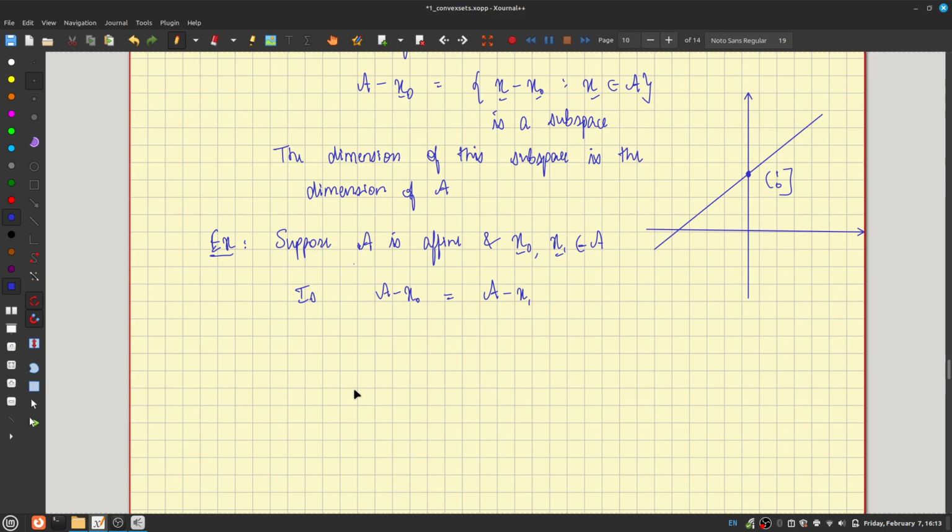But remember that A is an arbitrary affine set. You can't say that it's generated by some set of vectors or anything of that sort. What do you mean by basis vectors of an affine set? How do you define the basis vectors of an affine set? What does it mean for it to be a basis vector of an affine set?